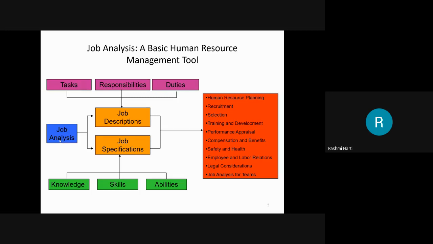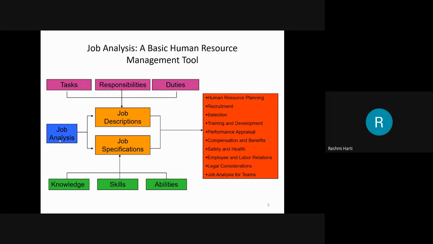Then moving on to performance appraisal, my dear students. Performance appraisal compares each employee's actual performance with his or her standard performance. In performance appraisal, you have a standard performance set, that this employee has to perform this much in the job. Here you measure whether the person I have recruited is actually performing the same.